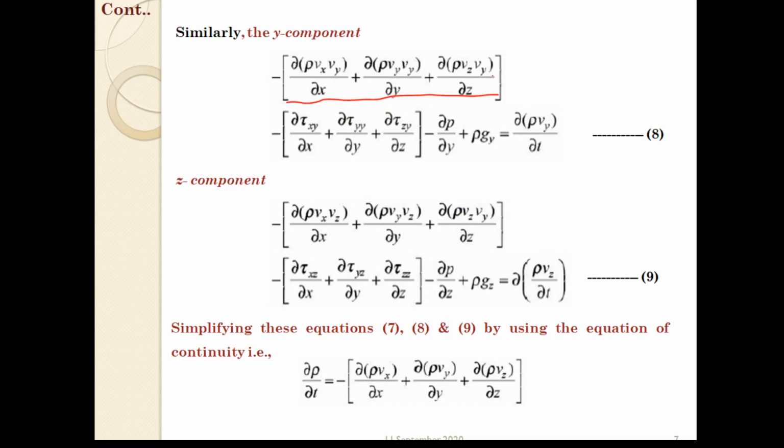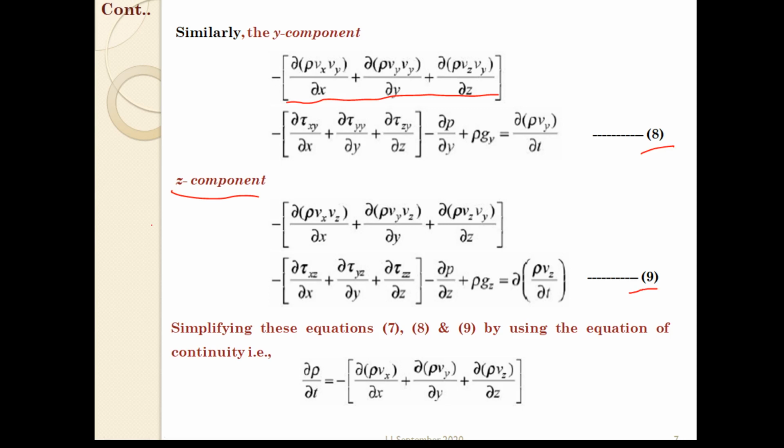Okay, so similarly for the conductive term, delta tau xy, delta tau yy, delta tau zy. For the z component also we have a similar equation. So this one is equation 8 and this one is equation 9 for the z component.